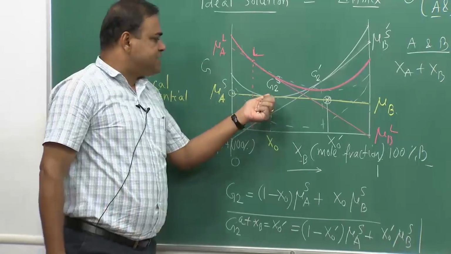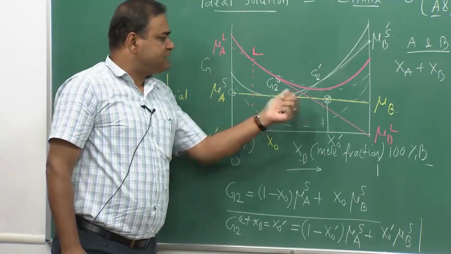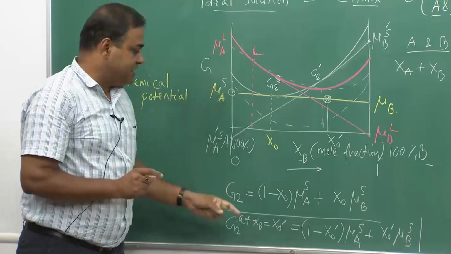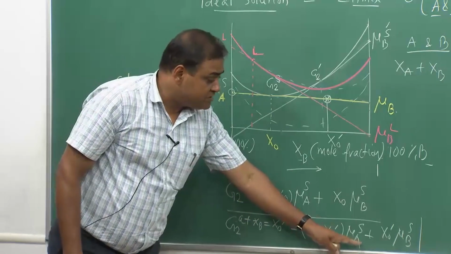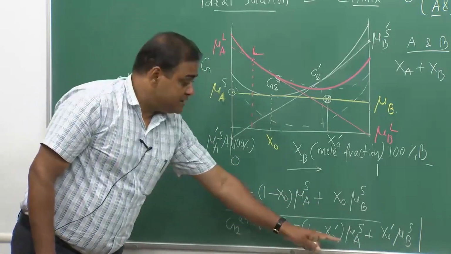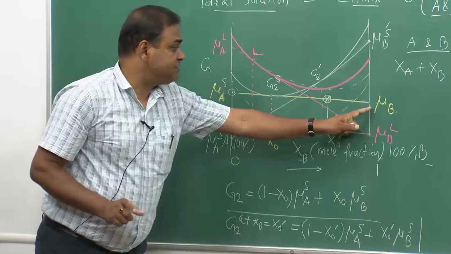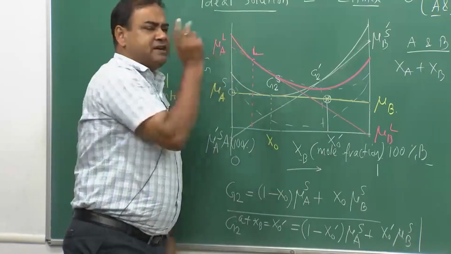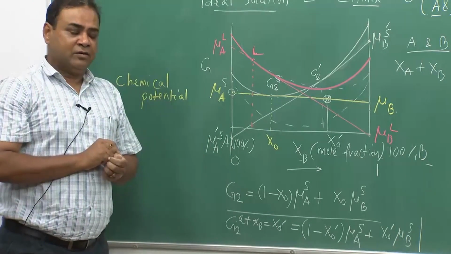I am just shifting my point from this place to this place. The equation does not change, only my composition is changing. My equation remains the straight line equation, these two variables remain the same, these 2 points, only thing is I am changing the composition. If I do this, I am actually indicating the same free energy line, okay?